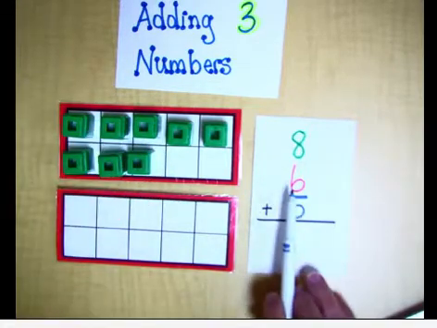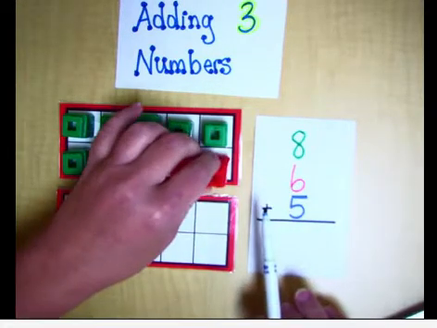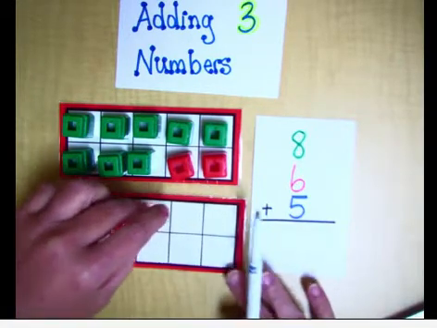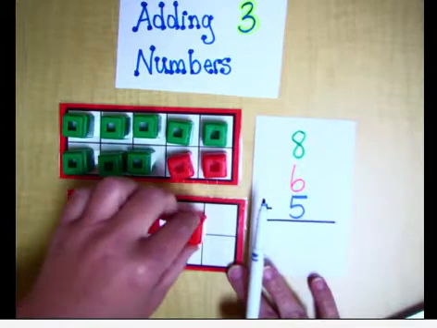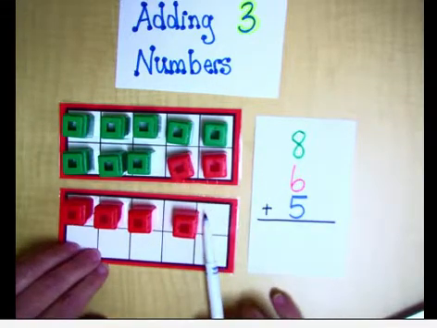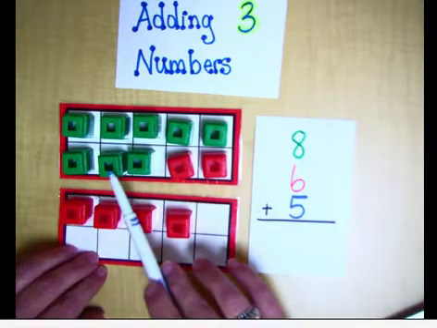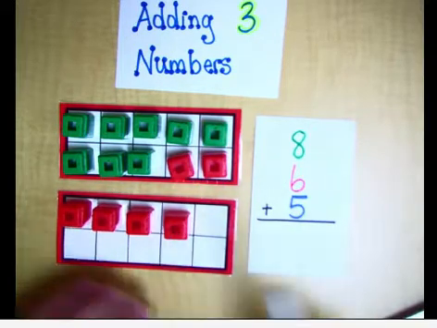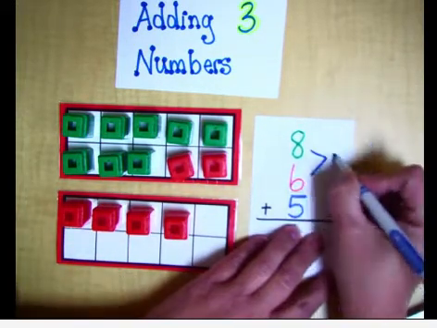Then plus 6. So 1, 2, 3, 4, 5, 6. And 8 plus 6 is a 10 and a 4. So that's 14. So I'm going to record my thinking there.